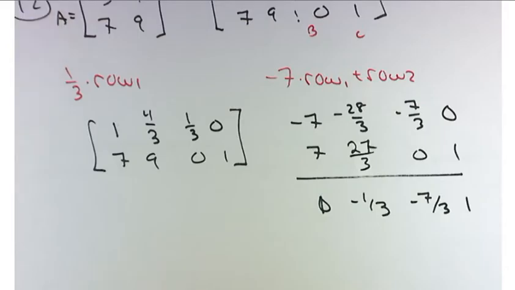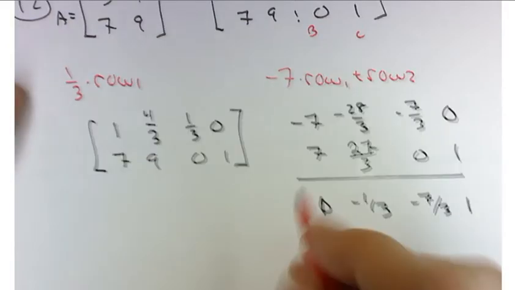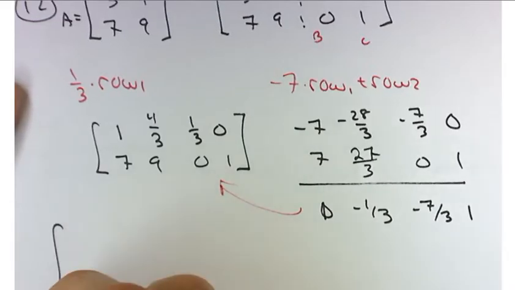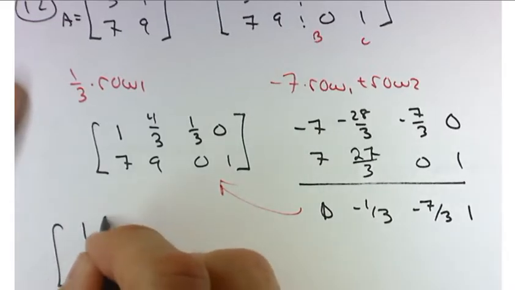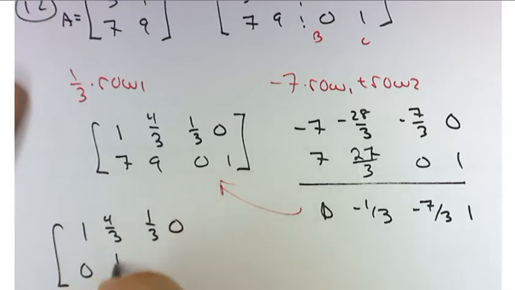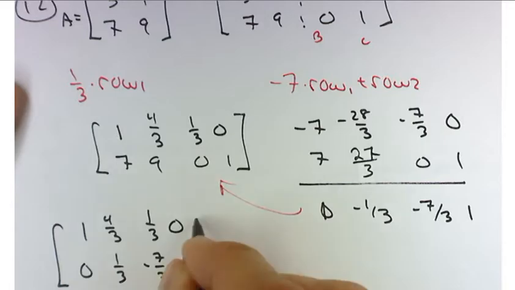And that's my new second row. So now I have 1, 4/3, 1/3, 0, and 0, 1/3, negative 7/3, and 1.